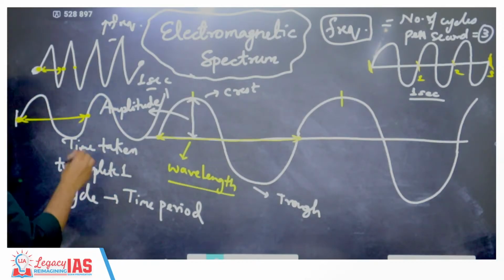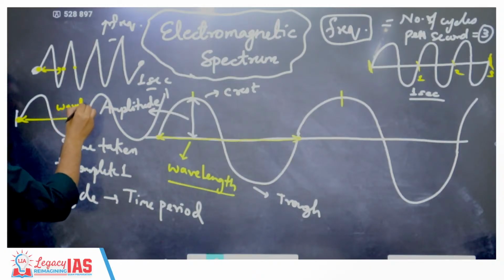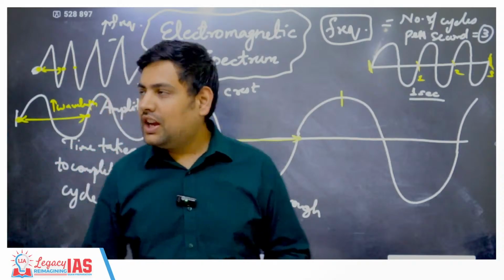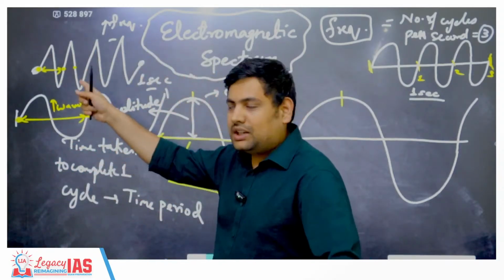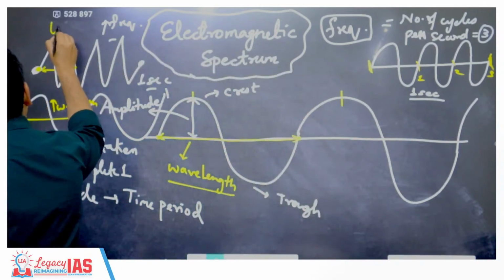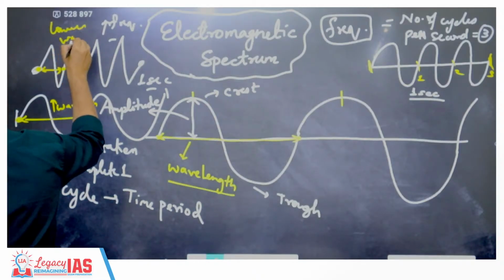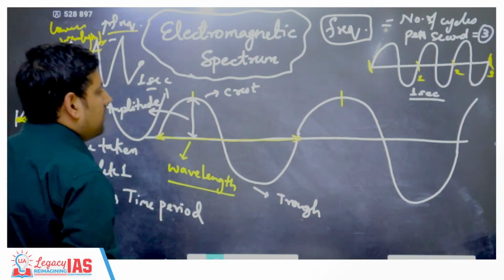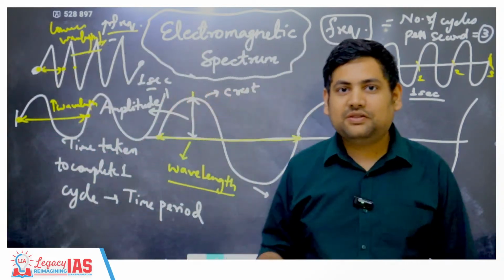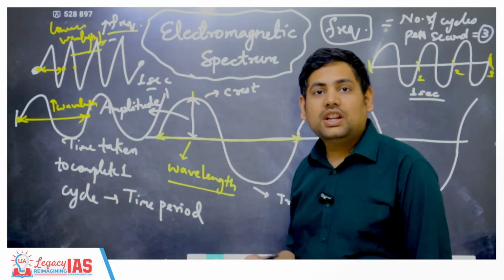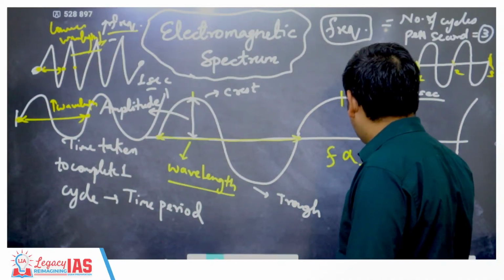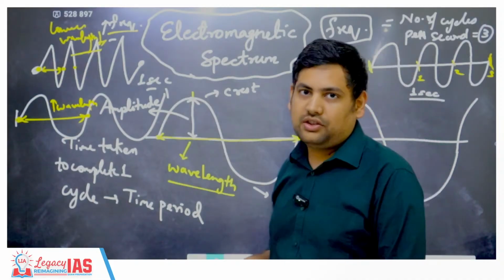Very clearly, the wavelength is bigger here. So which has more frequency? That wave, but it has lower wavelength. It has higher frequency but lower wavelength. And that is the first fundamental relation that you know of: frequency and wavelength go in opposite directions.